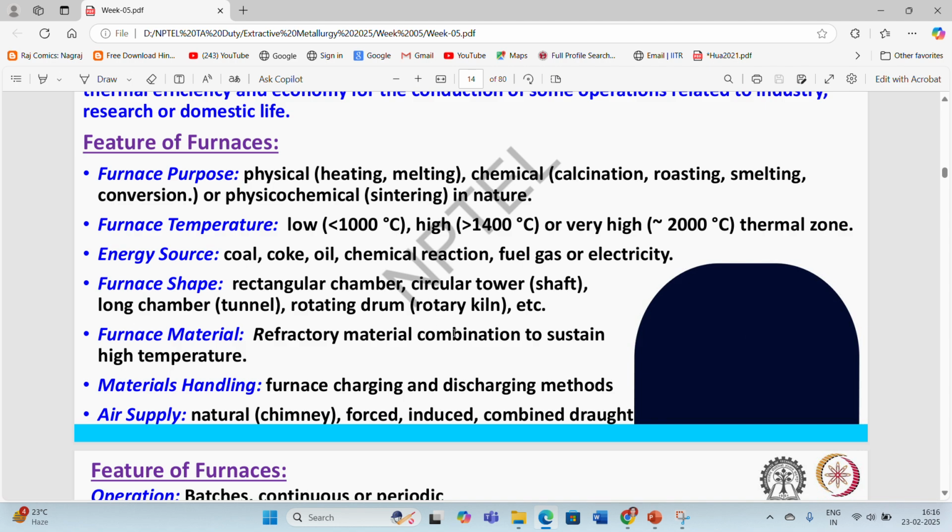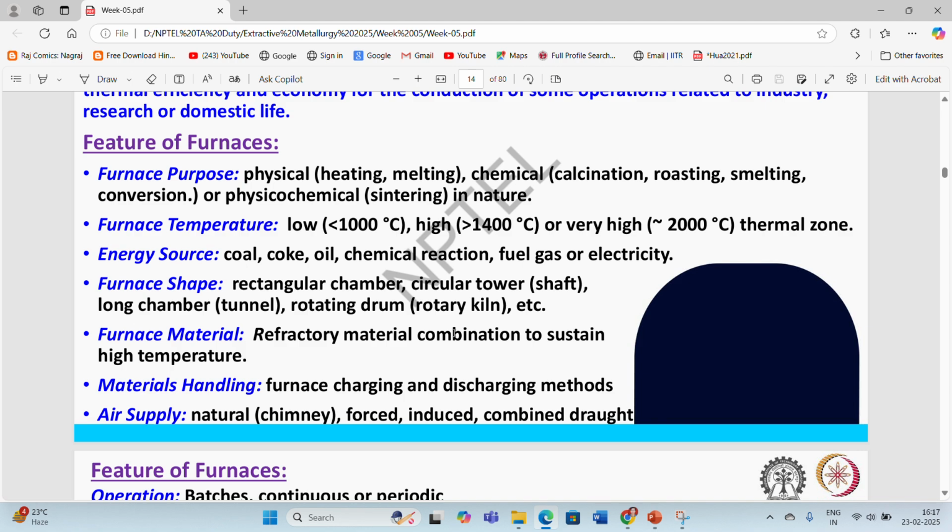Then there are different types of energy sources used in these furnaces, like coal, coke, oil, or chemical reaction fuel, gases or electricity can be used. Then furnace shape can be rectangular chamber or circular tower or long chamber rotatory drum type. And then furnace materials like refractory material combination to sustain high temperature, like acidic refractory or basic refractory, which we are going to define according to our need.